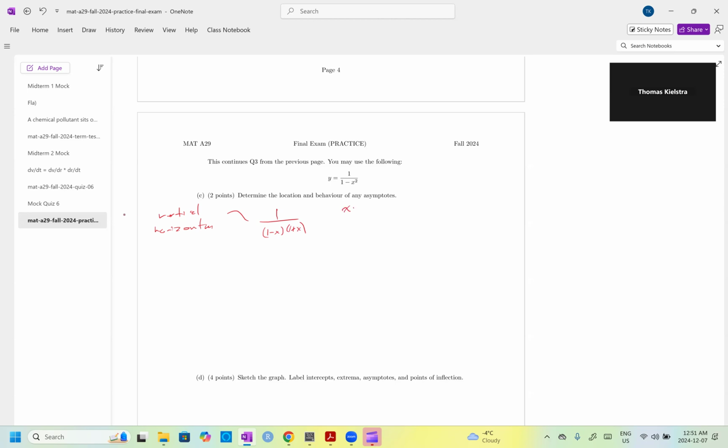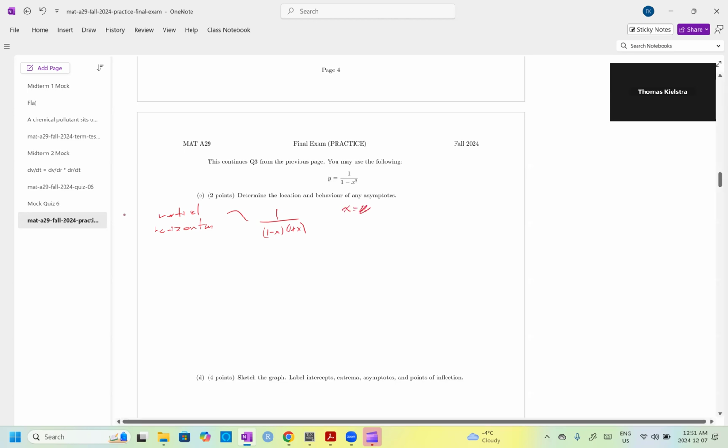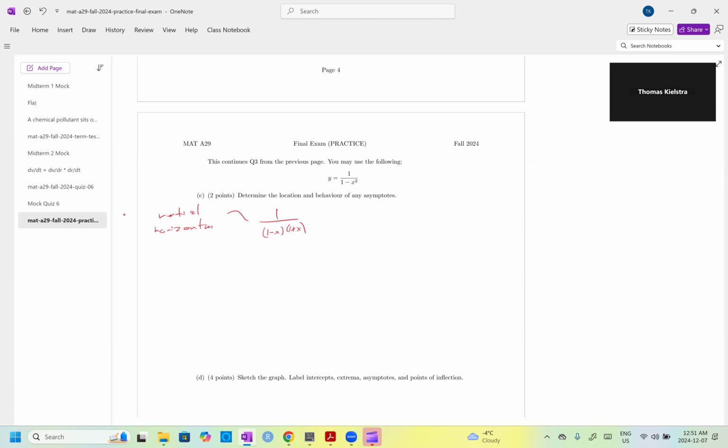So there's a potential at x equals minus 1 and x equals 1. And then I also have my horizontal, which is looking at the limit as x approaches infinity of y, and the limit as x approaches minus infinity.